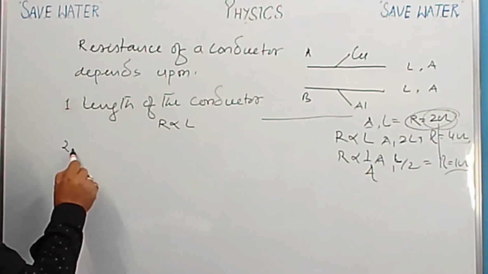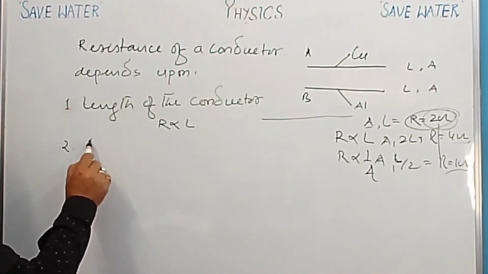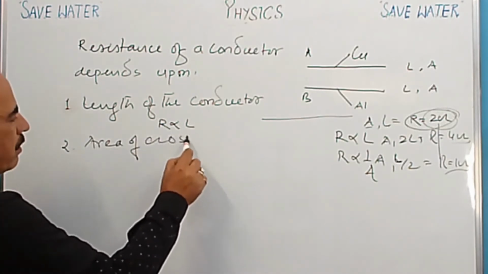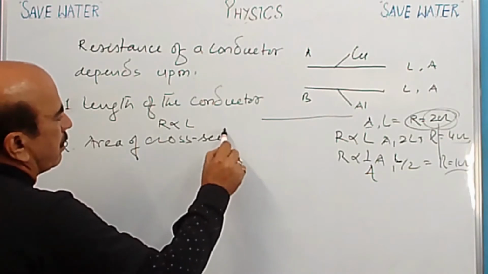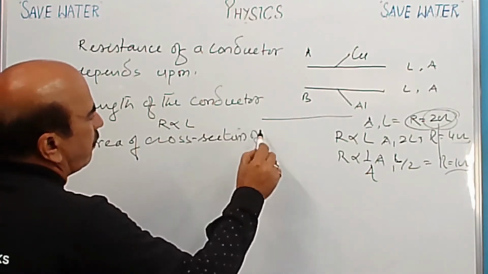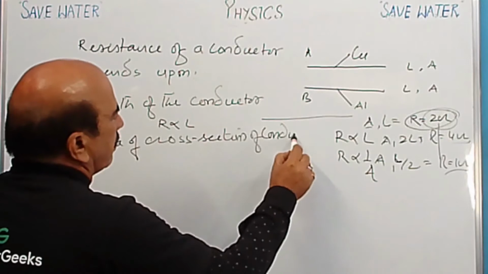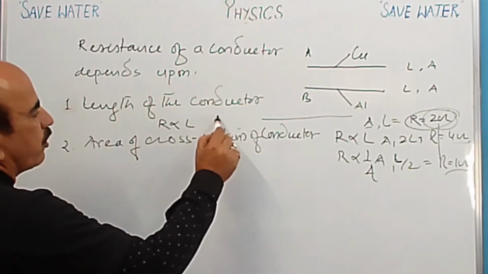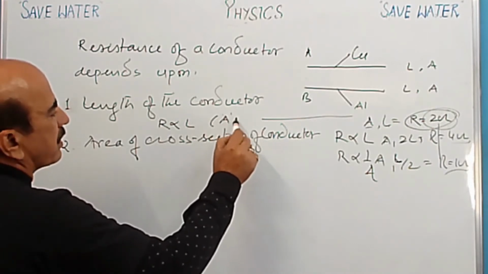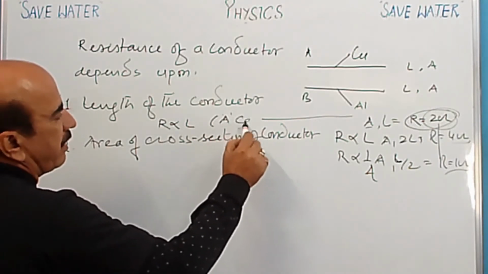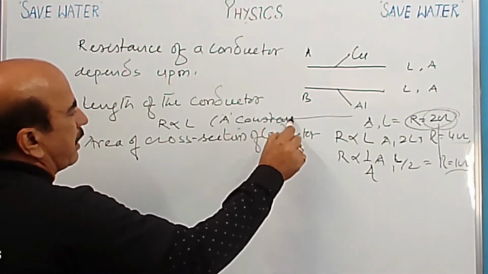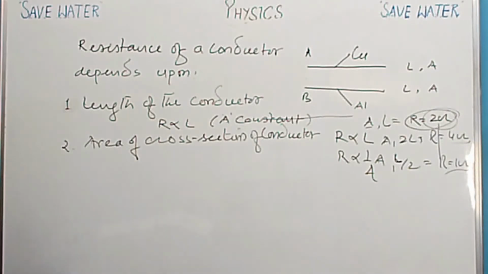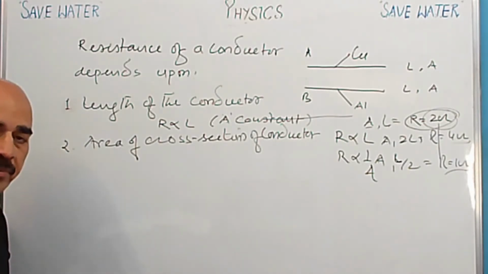And the second point was the area of cross section of the conductor. Here the condition was that A should be constant, meaning the cross section area is constant. How is resistance related to area of cross section? Yes, any one of you?